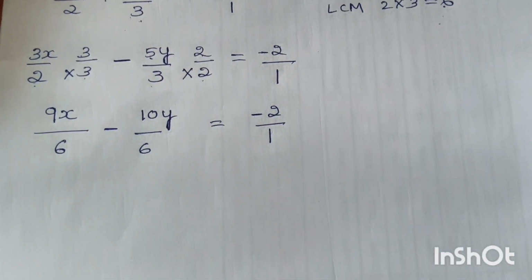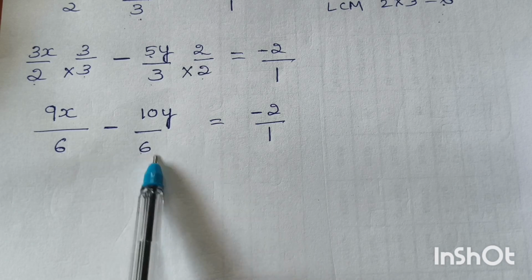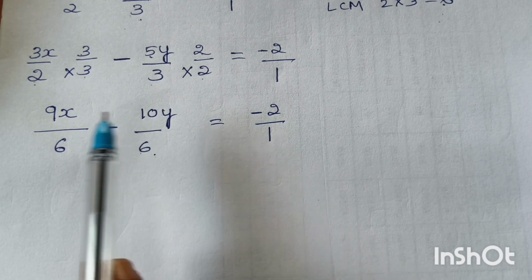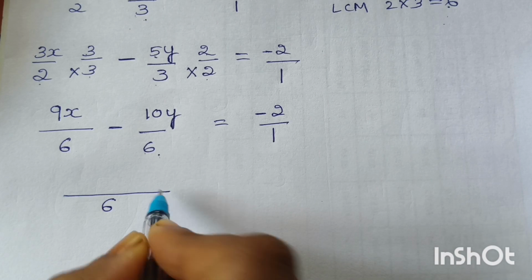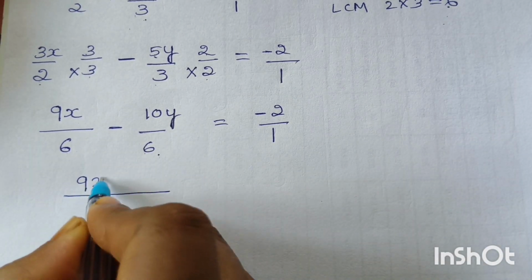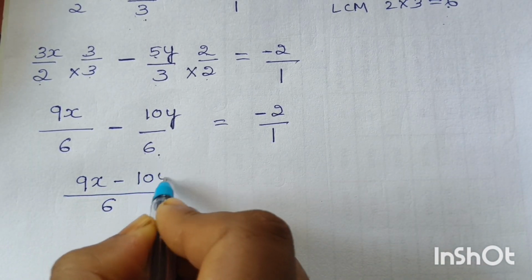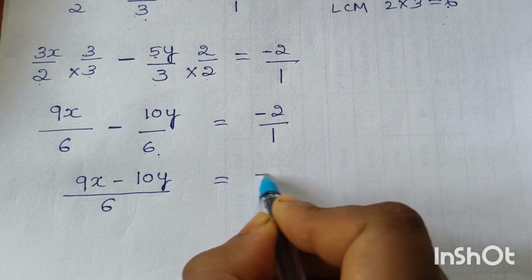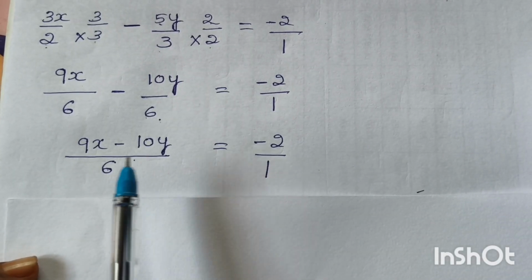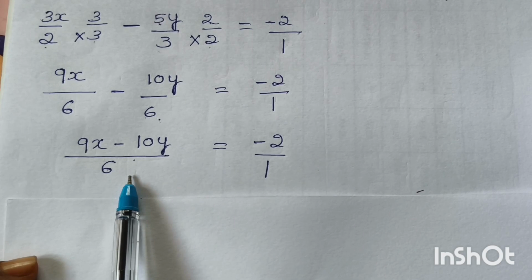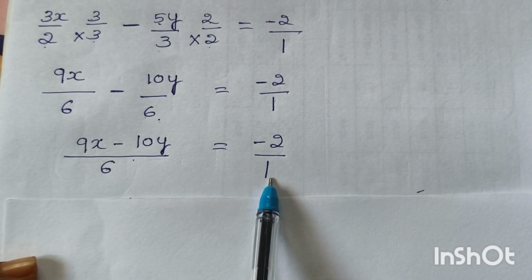You can see that the denominators are equal. So you can subtract this. Therefore 9x minus 10y divided by 6 is equal to minus 2 by 1.